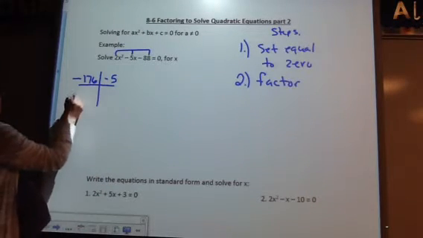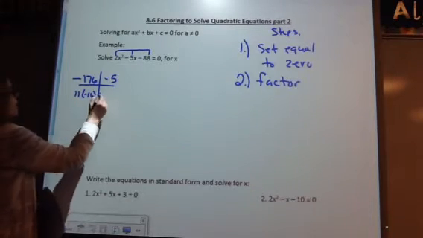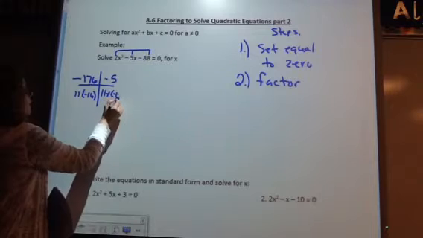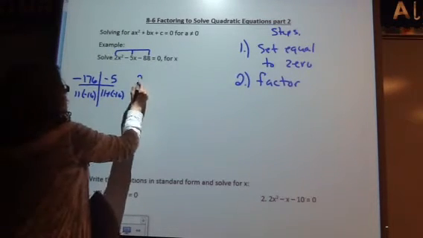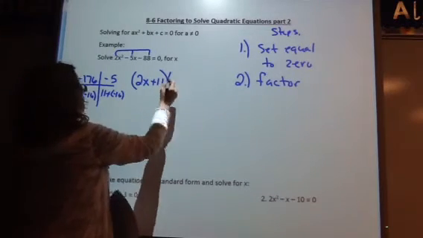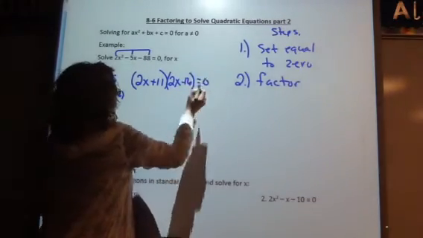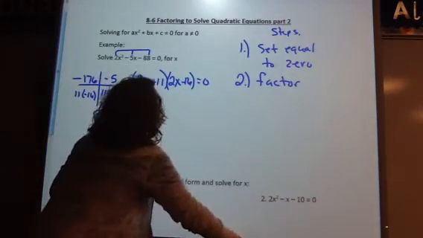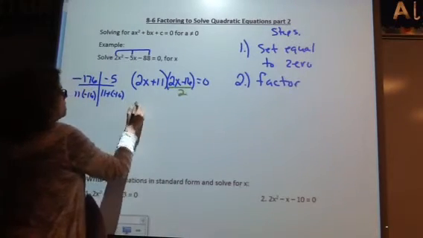Okay? So I know if I take 11 times a negative 16, I get negative 176. 11 plus a negative 16 will give me my negative 5. Alright, so let's put our leading coefficient. Alright, we can simplify this binomial by dividing by 2.